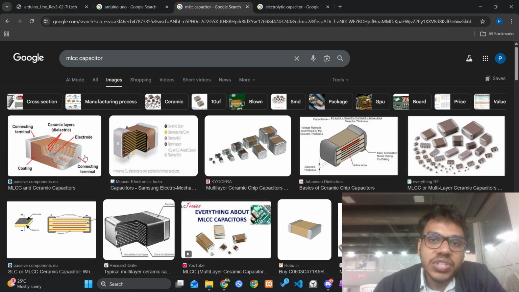They are very cheap. Unlike the electrolytic capacitors, which are mainly preferred in low frequency uses, just as we have seen in our motor driver case, these MLCC capacitors are typically used in high frequency use cases, like some IC switching. So you will put one of these capacitors right next to the IC pin.